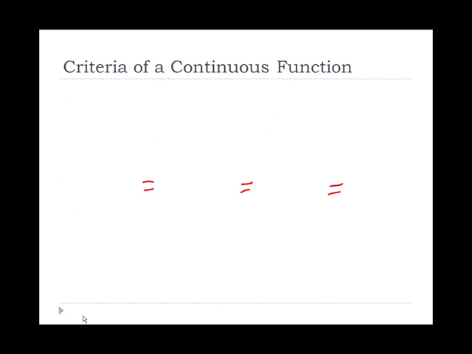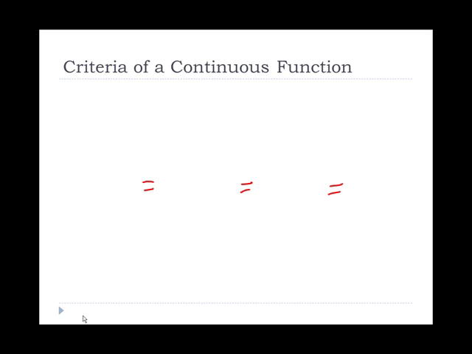So let's think about something in order for something to be continuous. There has to be a function value at every point, and there has to be no jumps or breaks, and the limit helps us with that because remember the limit said you approach the same thing from the left that you approach from the right.